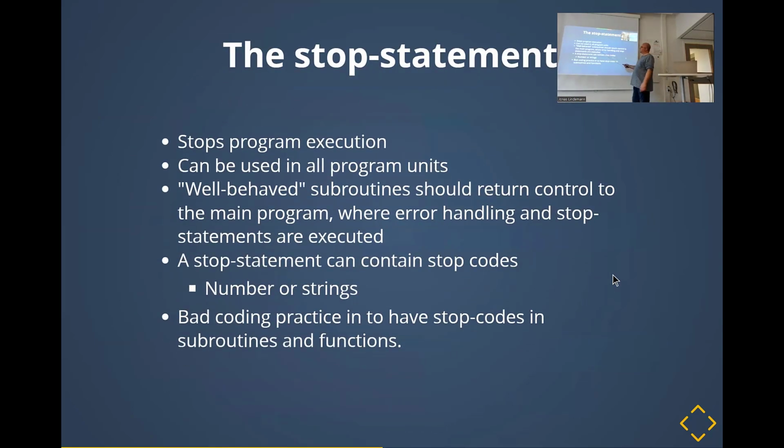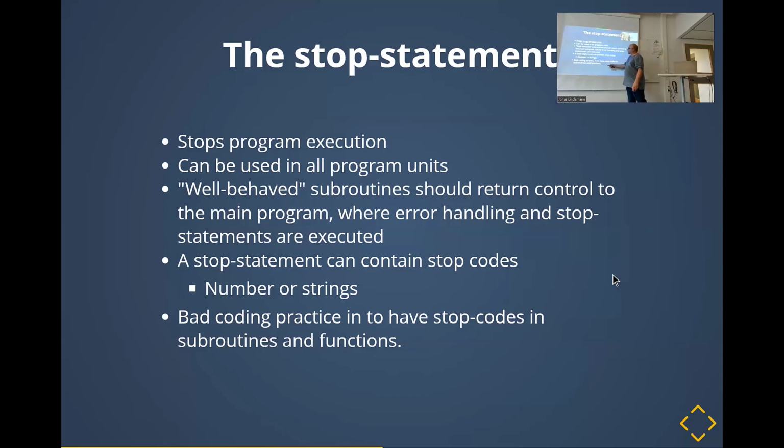Also something about the stop statement, which stops the program execution. You can call that in any subroutine you have, and it will terminate the program. My principle when I design Fortran code is to not call stop unless it's really extremely important to stop the code. So try to return an error statement back to the main program and handle errors in the main program instead of crashing inside a subroutine.